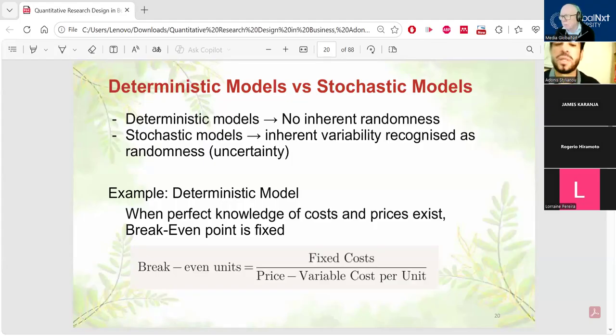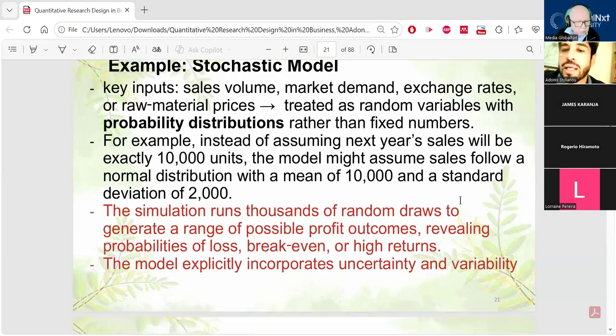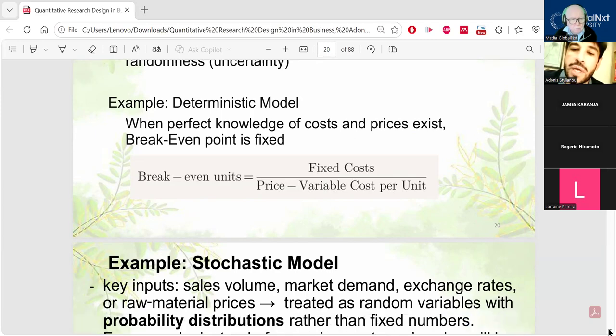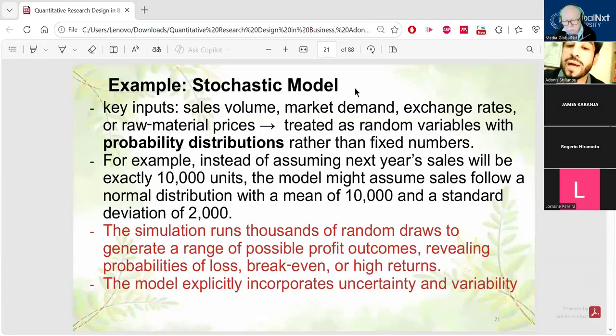Some other deterministic models you might be aware of are the break-even point formula, which deals with actual numbers, so there is no randomness. But those are really restrictive in terms of how they can help inform a statistical method, whereas stochastic models are more consistent with the randomness involved in statistical estimation.